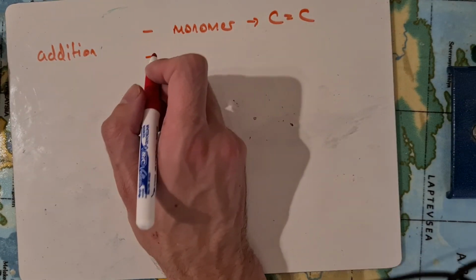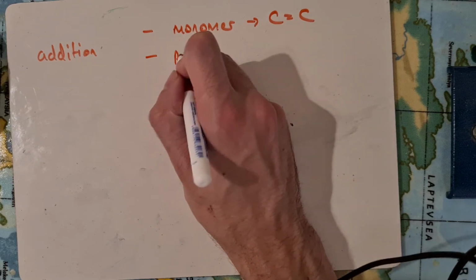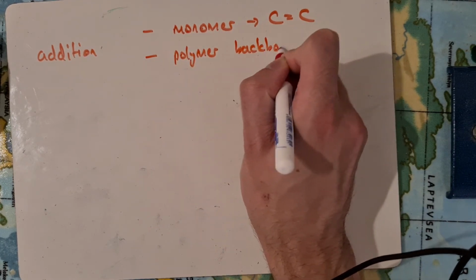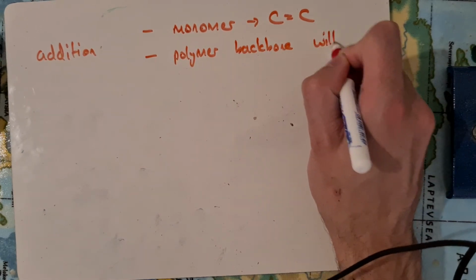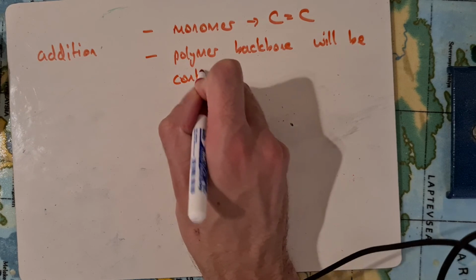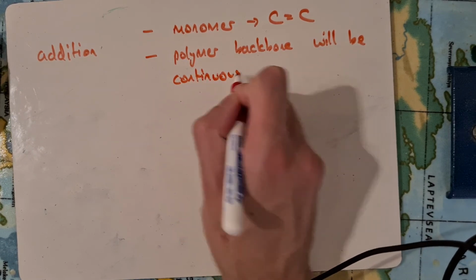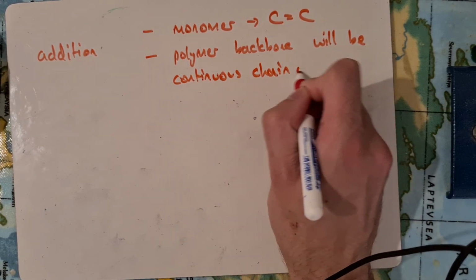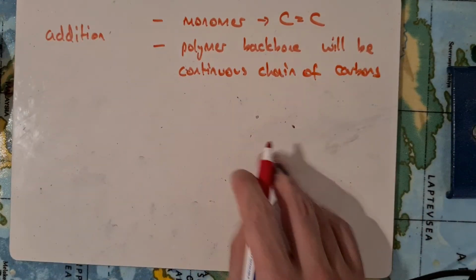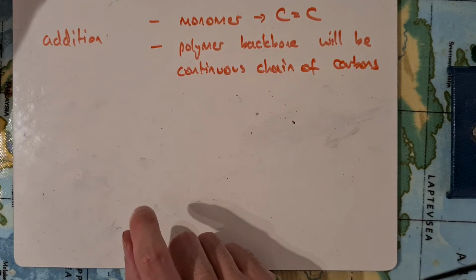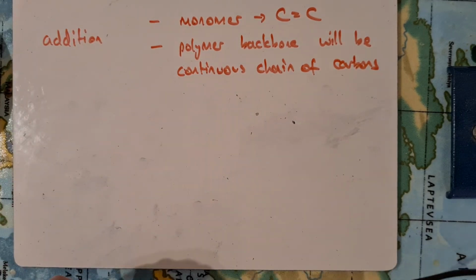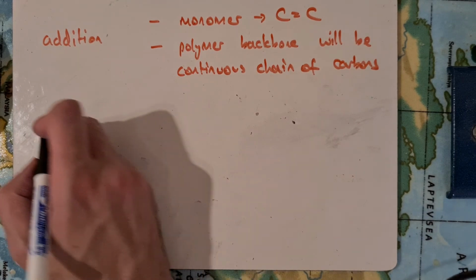They will also have a polymer backbone that will be carbons, or a continuous chain of carbons. So you saw that in the first example at the top of the page, that worked example, it's a continuous chain of carbons that forms the backbone.